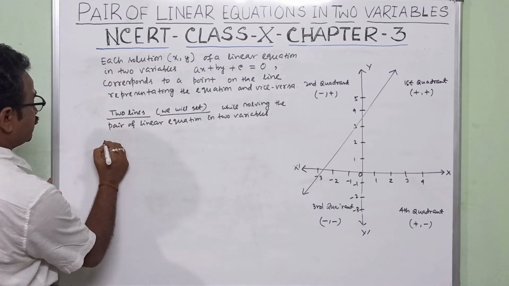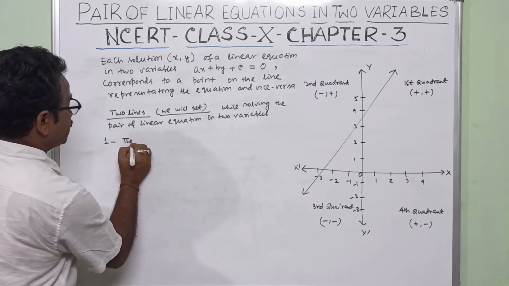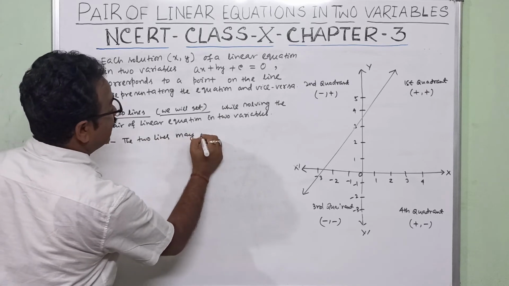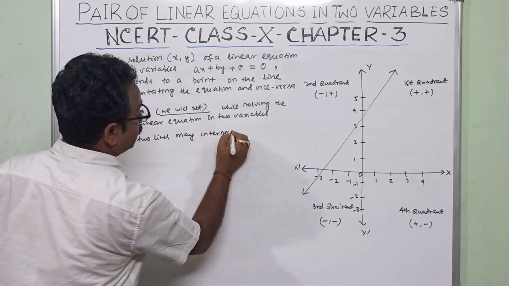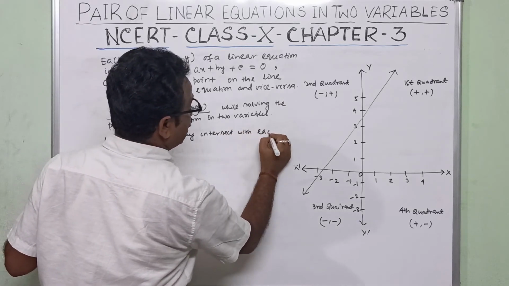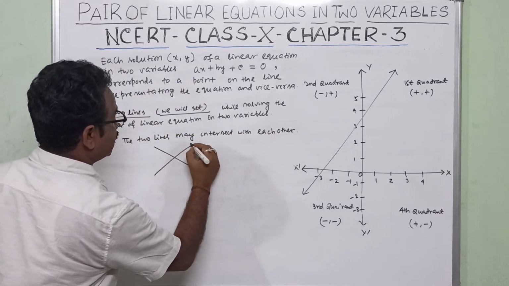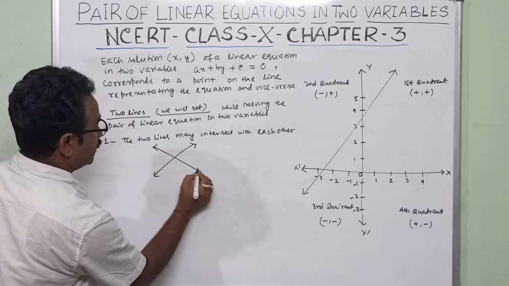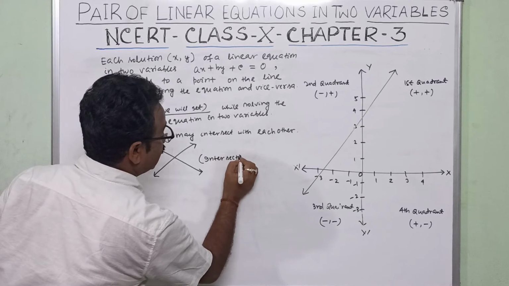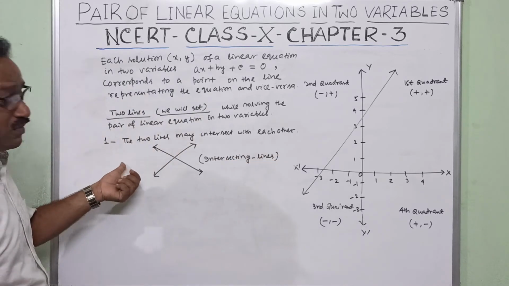What are the cases? One, the two lines may intersect with each other. This is the case: intersecting lines.